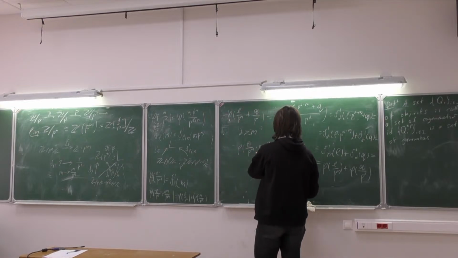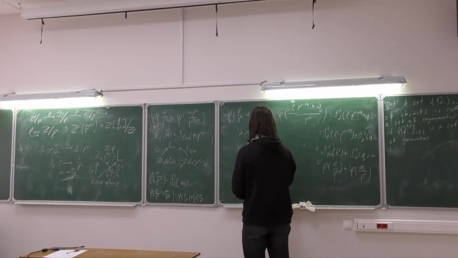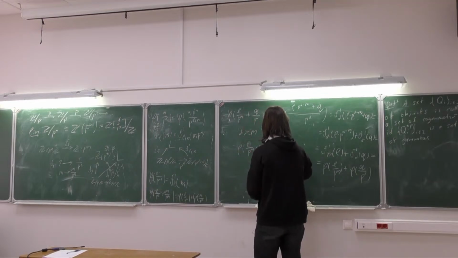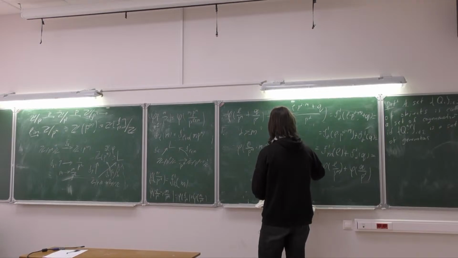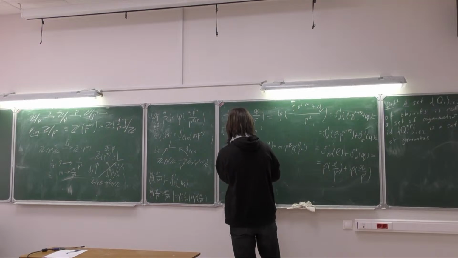So we multiplied our number by some number, and I wrote it like this: the number is coprime with p, and the exponent is the maximal power of p. So I want to check that it's well defined.